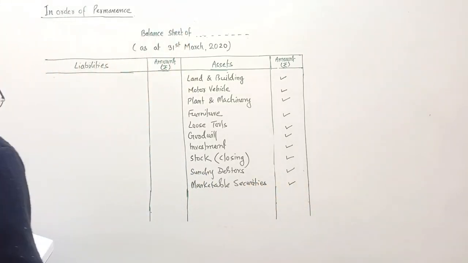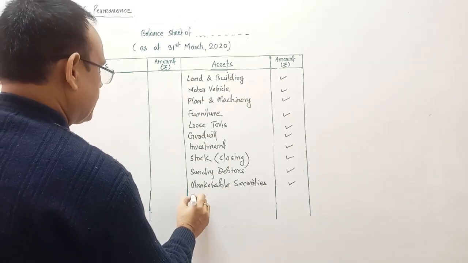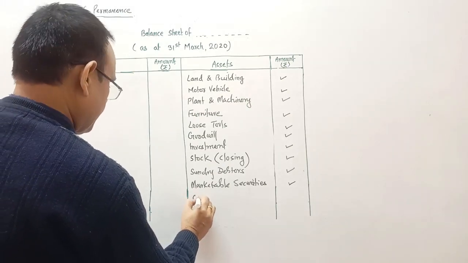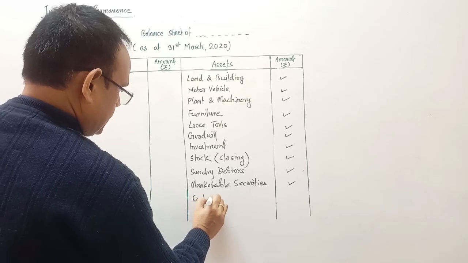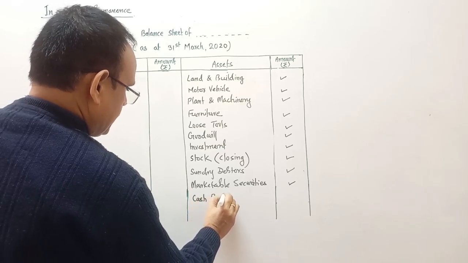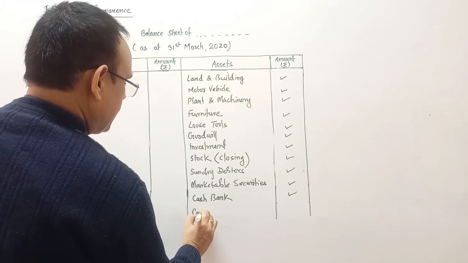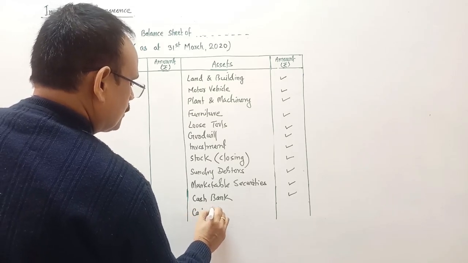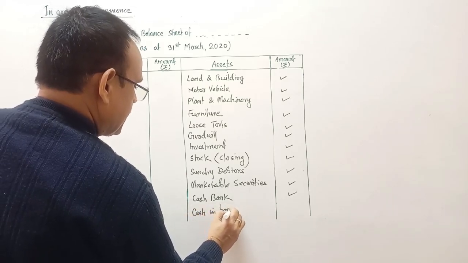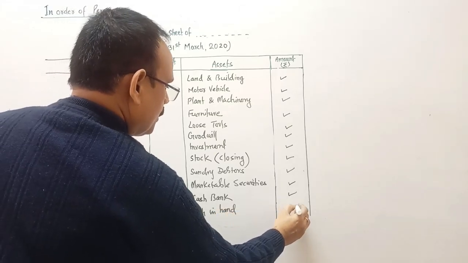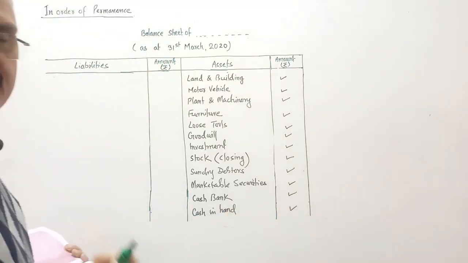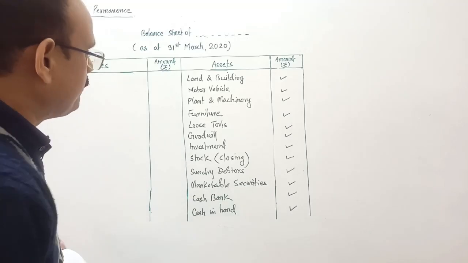Current assets, marketable securities. Thereafter you see cash at bank. It's a current asset. Cash in hand, most liquid asset. Cash in hand and cash at bank are the most liquid assets.